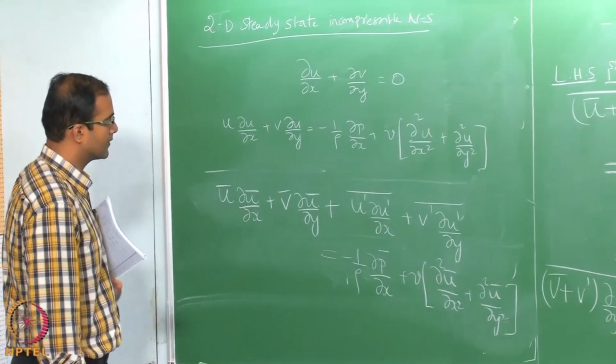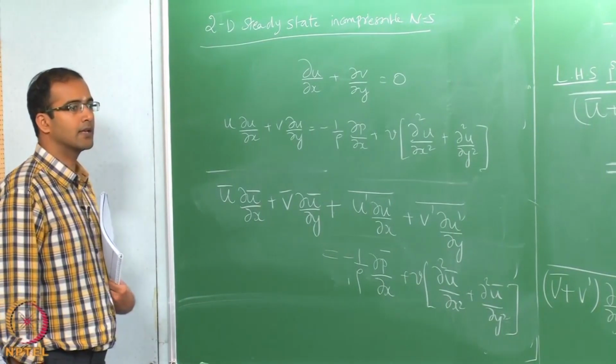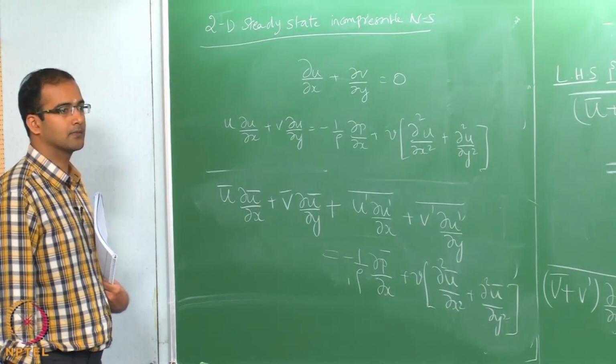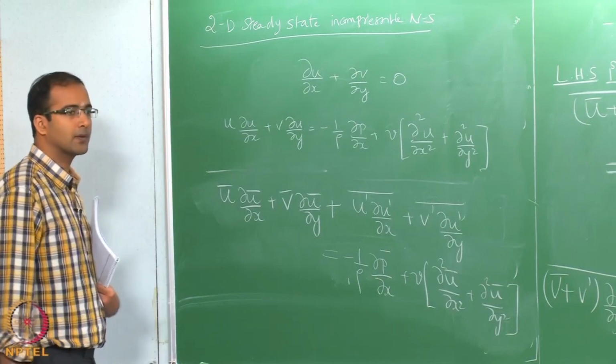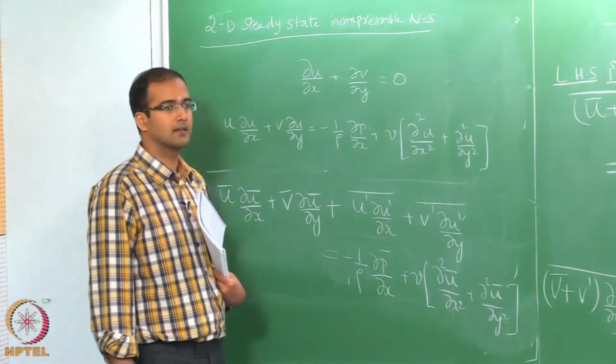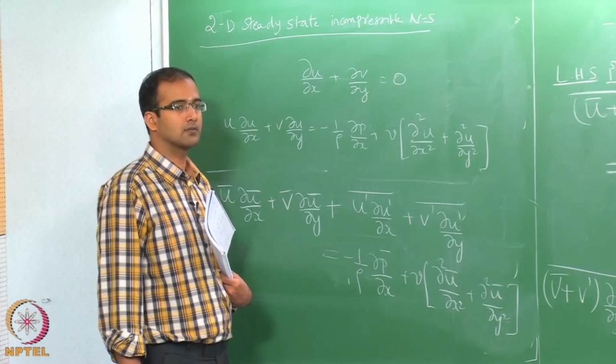Now we are going to introduce the continuity equation for the fluctuating component, which says that du prime by dx plus dv prime by dy is equal to 0.